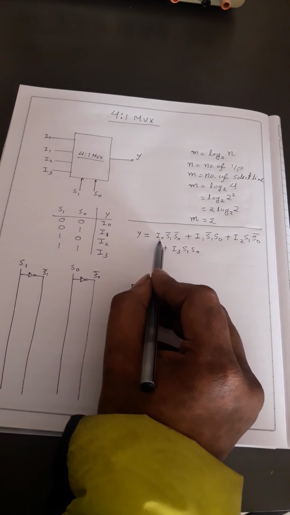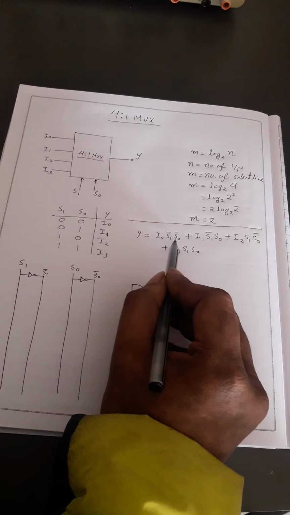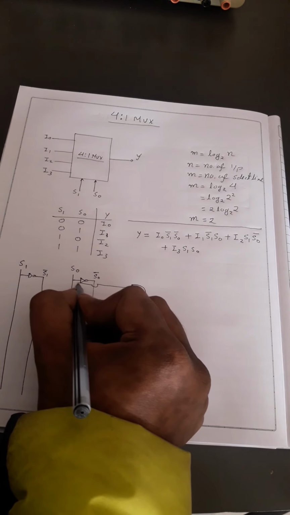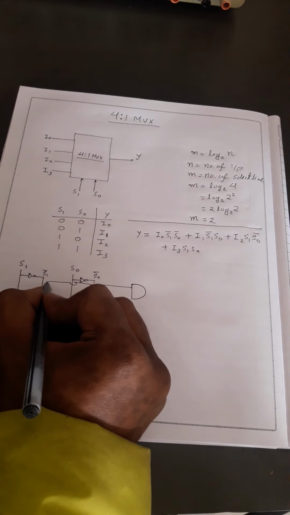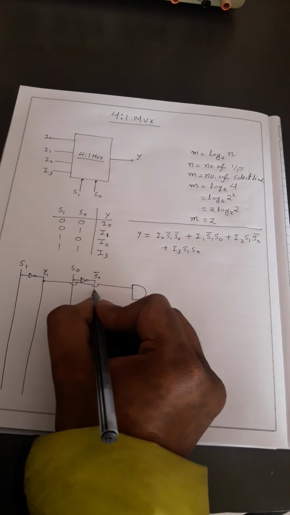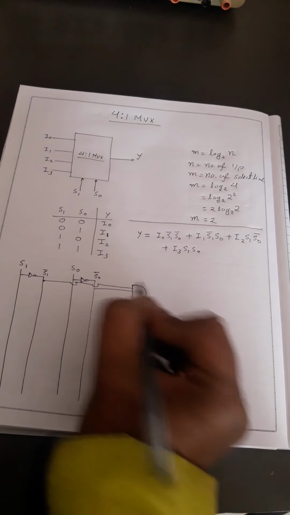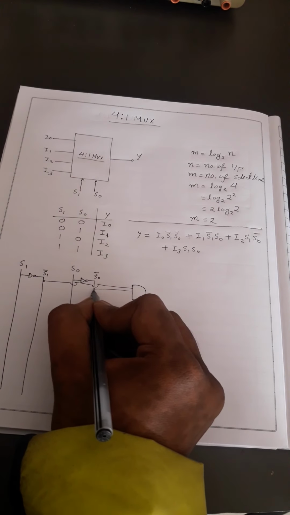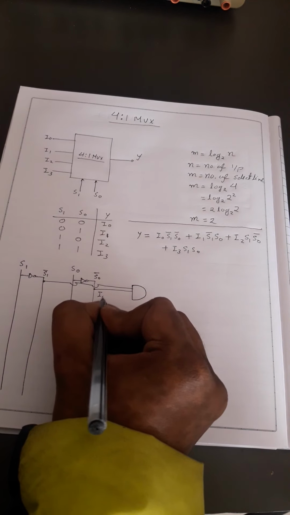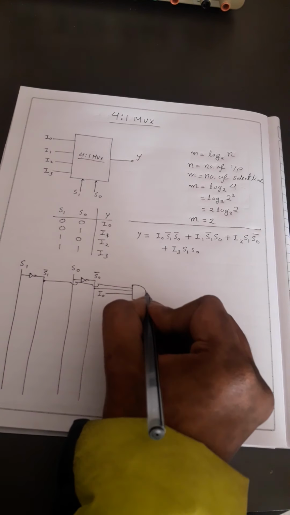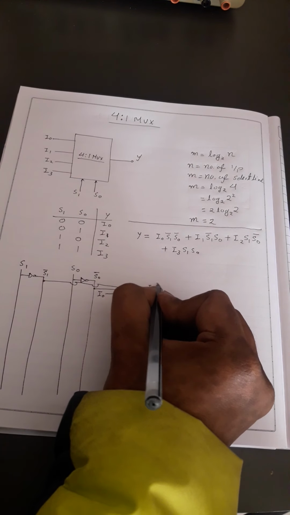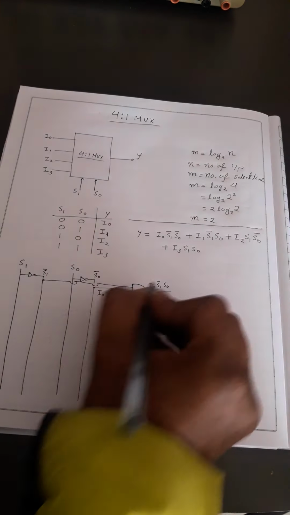Let's just follow the path. So I0, S1 bar, S0 bar. We'll get S1 bar from this terminal and S0 bar from this terminal. Then we have I1, so I am giving I1 over here. Now this will give us I0 S1 bar S0 bar.